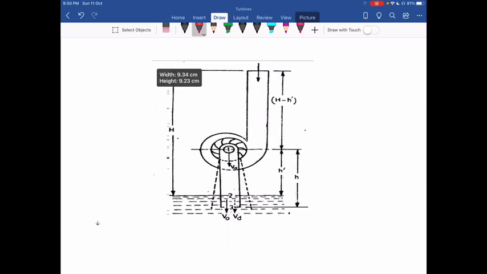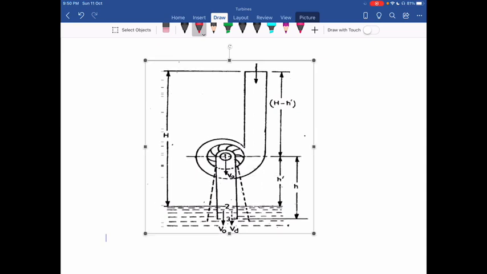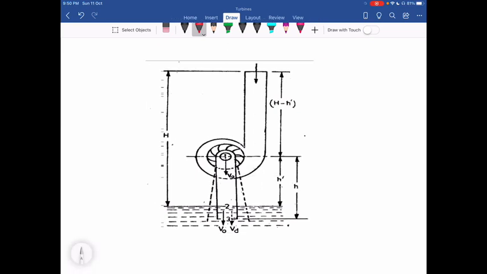Now you can see this diagram. In this diagram I have the gross head as H. This is the level of head race and this is the level of tail race.